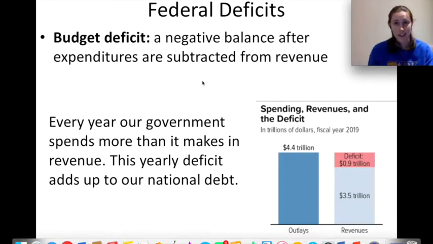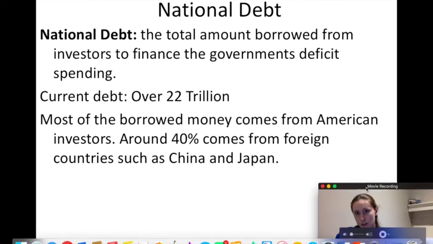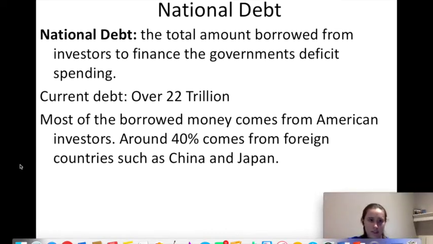We were negative. So that brings the question of how do you pay for this difference, this deficit? And the major way is through national debt, through actually accumulating more debt.